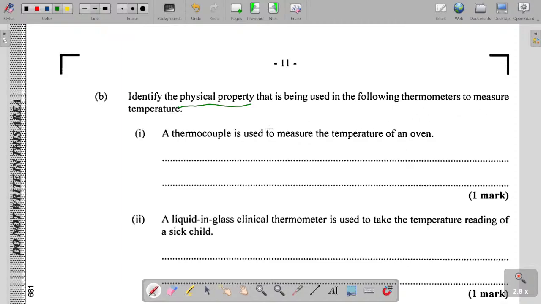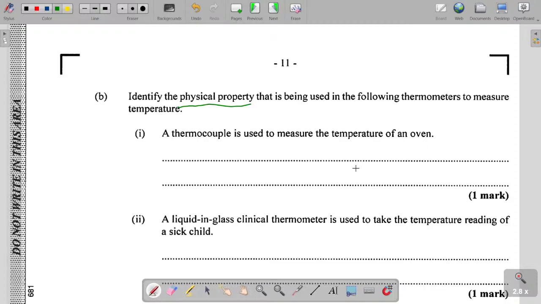So we're identifying the physical property, and a physical property really refers to a physical quantity that we can measure. So anything that you're going to be stating here must be related to a physical property or a quantity. So for a thermocouple, that's a type of thermometer. It is used to measure temperatures of an oven.